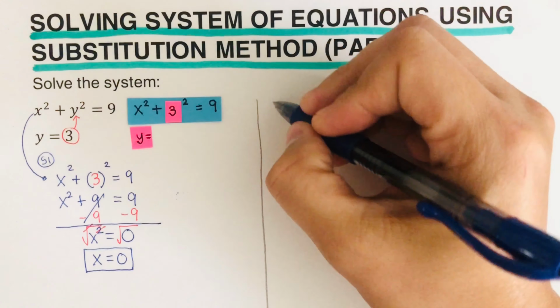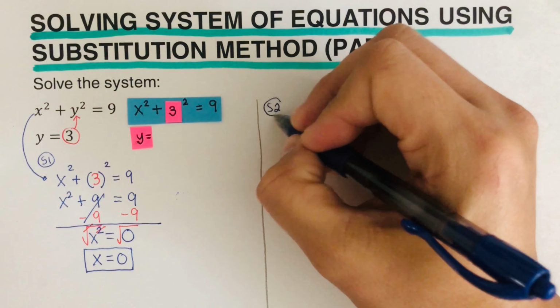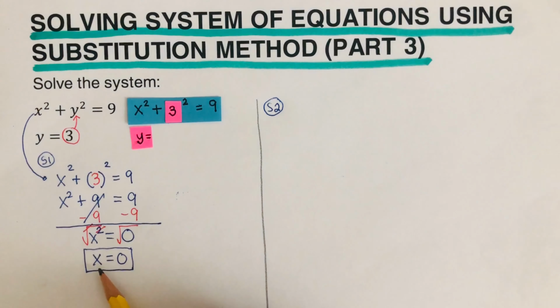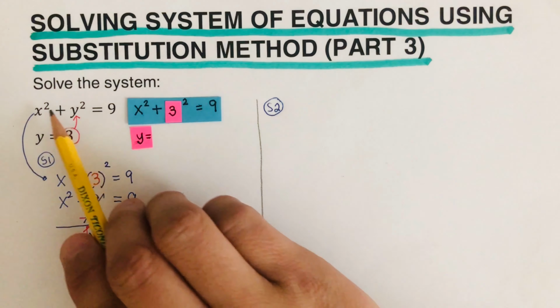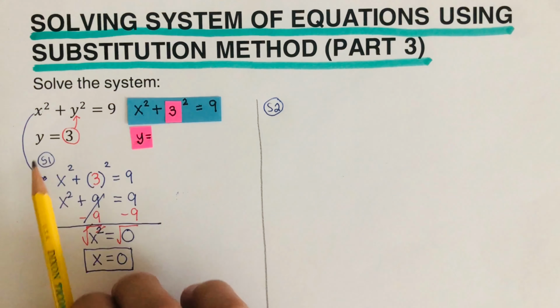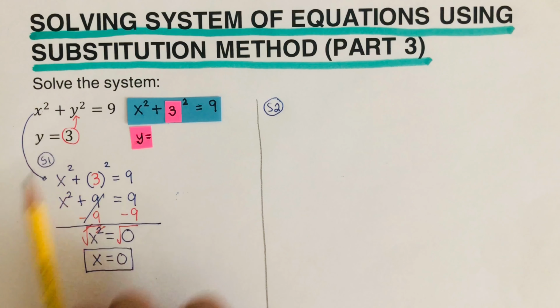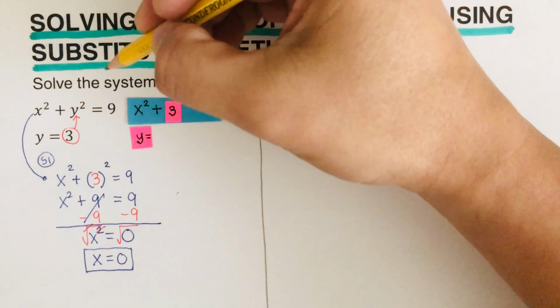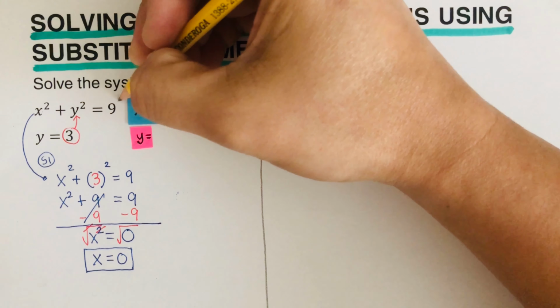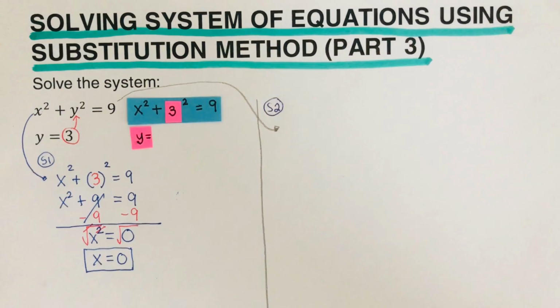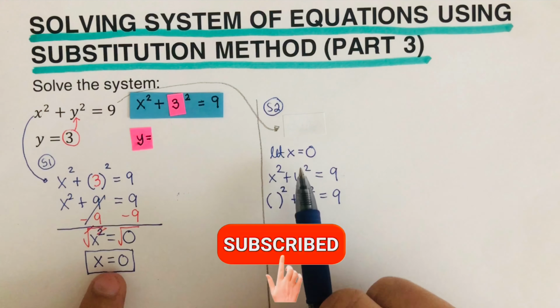We plug this 0 into one of the two equations. We cannot plug it into the second equation since it doesn't have any x variable, so we use the first equation to solve for y, since we already have x equals 0.